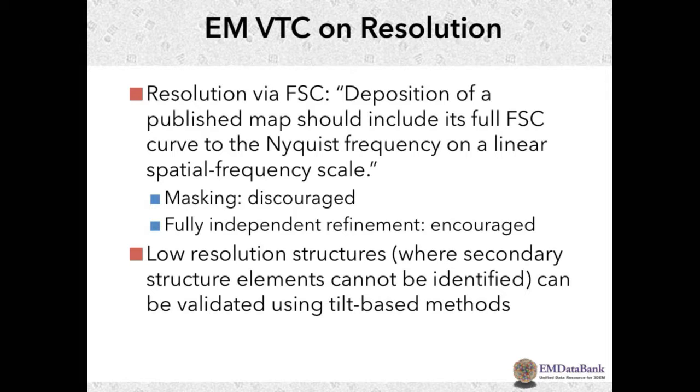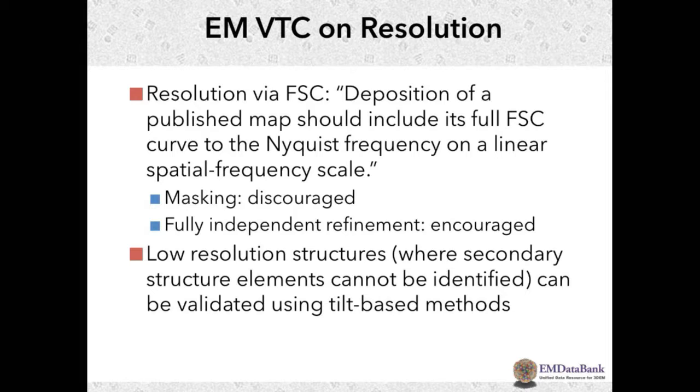They said specifically that deposition of a published map should include its full FSC curve to the Nyquist frequency on a linear spatial frequency scale. They also went on to discourage using masking, because that can significantly change the shape of your FSC curve. You can actually, I guess, cheat and get to a claimed higher resolution than you might otherwise.